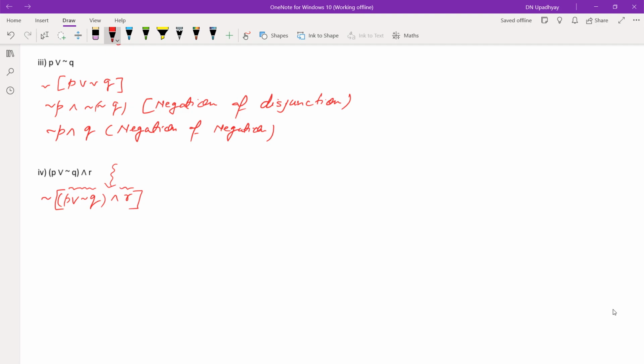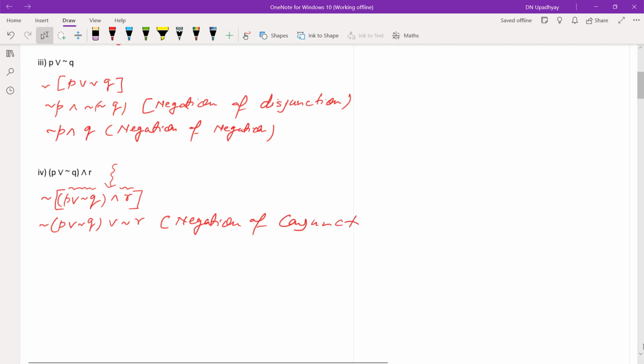So what is the rule? Negation of the first term, means this one, or negation of R. So what is this rule? Negation of conjunction. Negation of conjunction. And if you see this one, now here it is negation of disjunction.